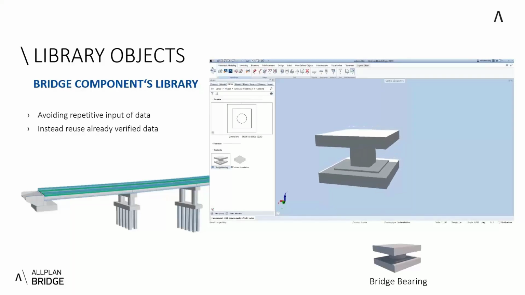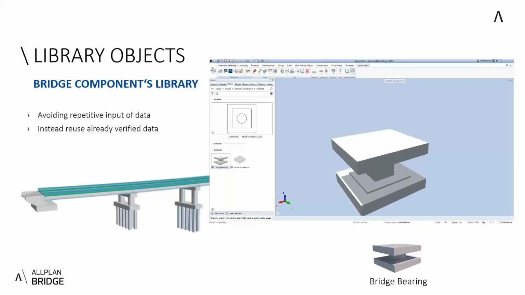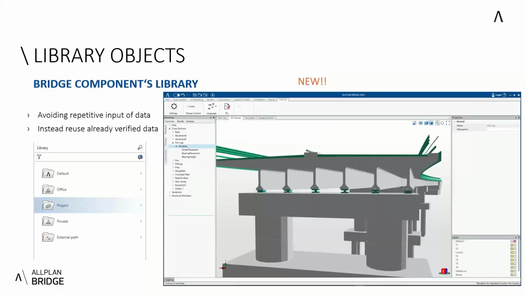And I'm going to use it because I will store it in a proper library. So I will use it in a different project as well. So I have created this bearing. I will use it multiple times in this project, and I can use it also in another project. A new feature, or to leak something to you, because we'll release a new version of Allplan in October: Allplan Bridge.